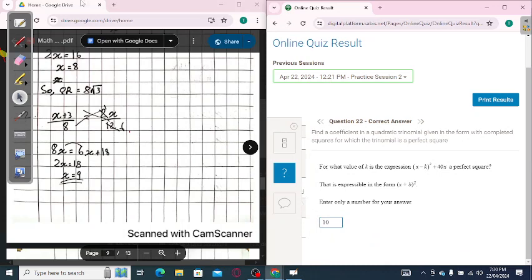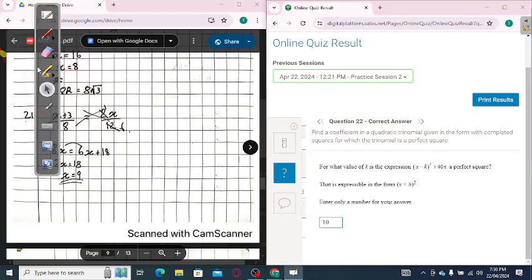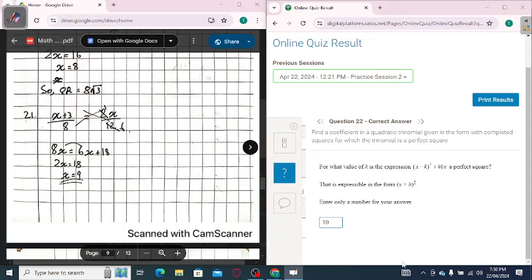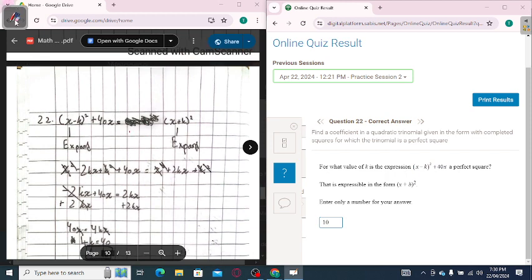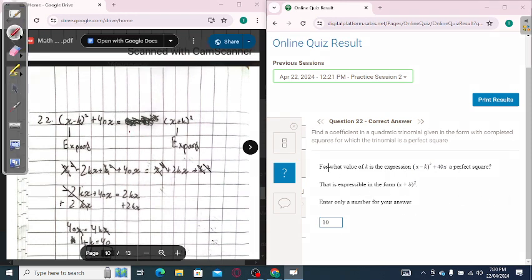Now, this one, all of you for some reason have been getting mixed up or wrong, saying it's 20, saying it's negative 20, saying it's a multitude of different things. This is 10. Let me explain why it's 10. So, they asked you, for what value of k is the expression all of this a perfect square?